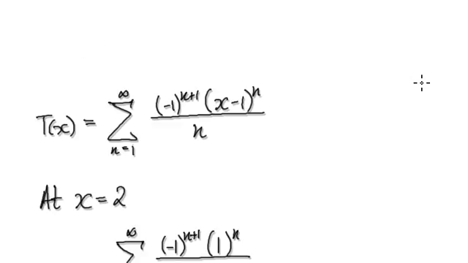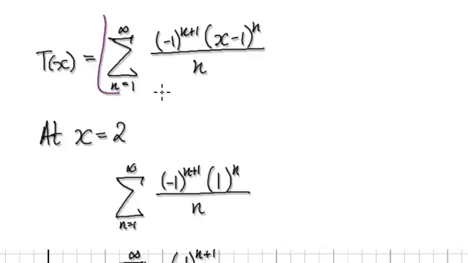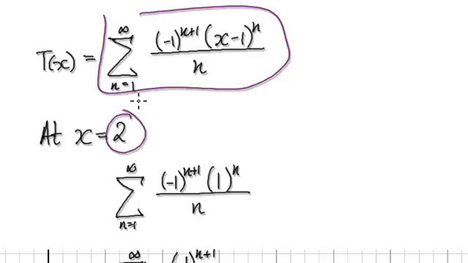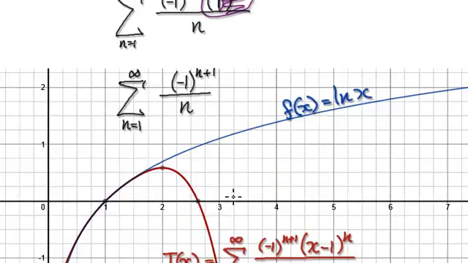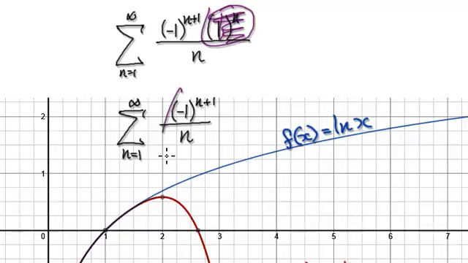So at x equals 2, going back to the original series, we would put 2 into here. 2 take away 1 will be 1, and 1 to the power of n will be 1, so we can just ignore this block. That will then give us this.